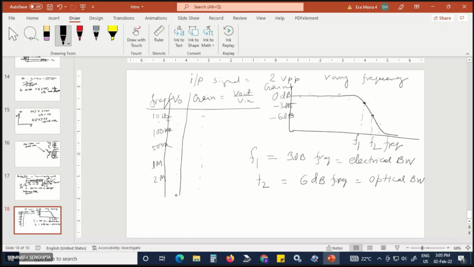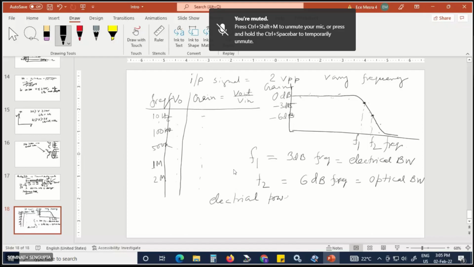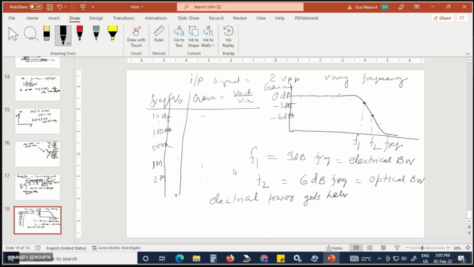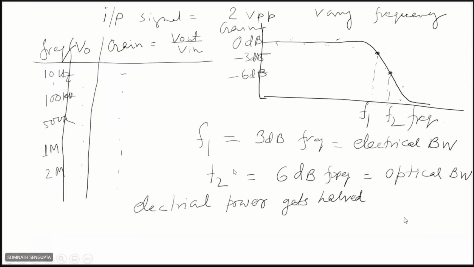So why is this electrical bandwidth? Electrical bandwidth means electrical power gets halved.